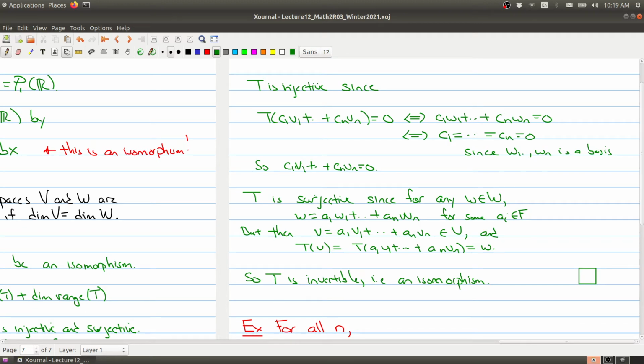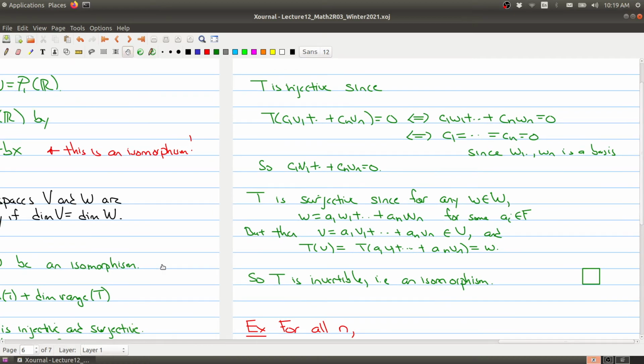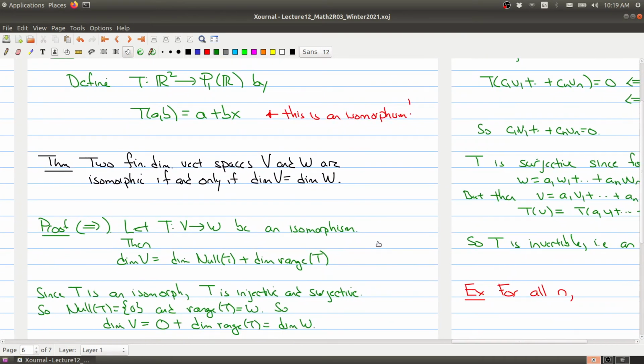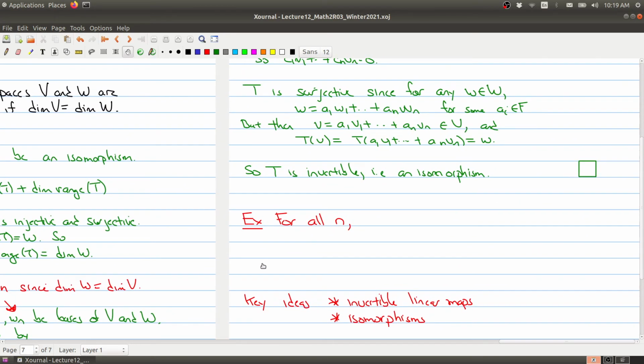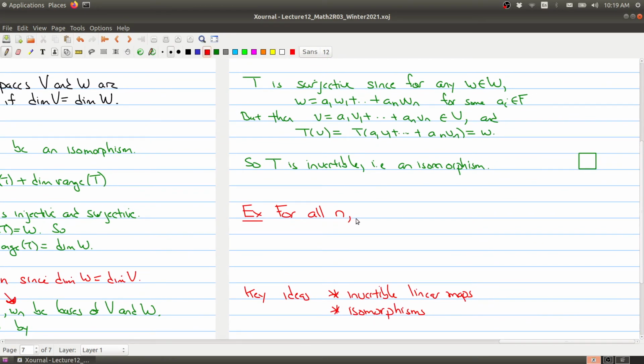So because T is injective and surjective and is a linear map, it's invertible, so it's an isomorphism, as we claimed. This is very nice: if you want to decide if two finite dimensional vector spaces are isomorphic, you just have to look at the dimension. As a nice example, for all n, R^n is isomorphic to P_{n-1}(R), all the polynomials of degree n-1 or less.